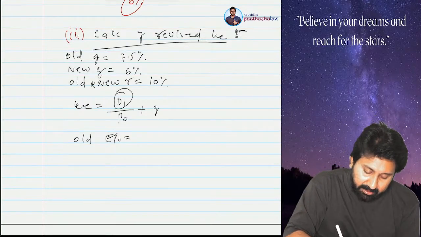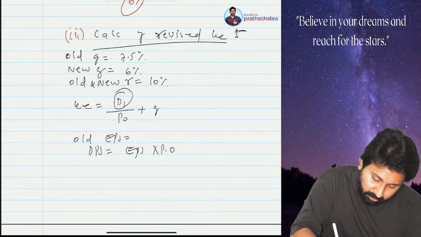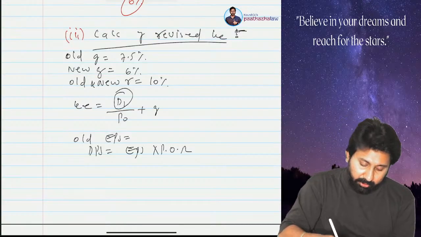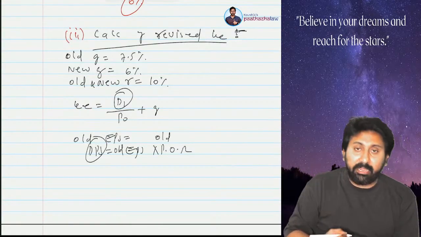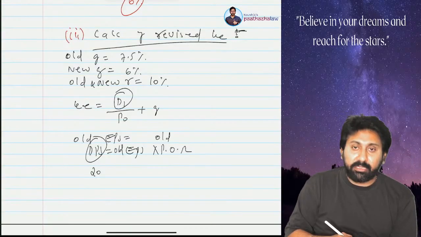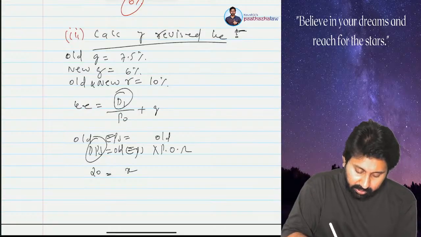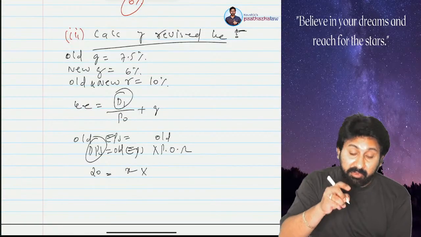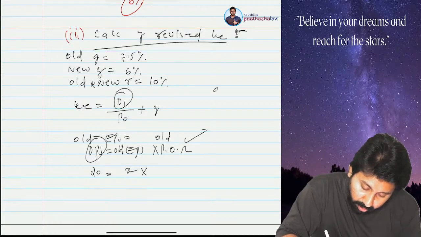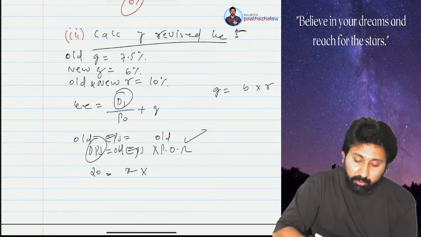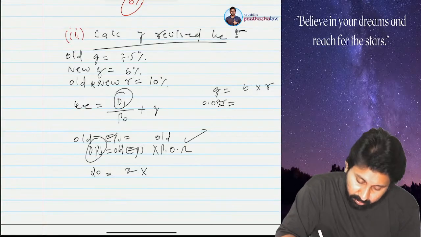To know old EPS, DPS is nothing but EPS into payout ratio. So old EPS into old payout ratio, if you know, old DPS is already given. Old DPS is how much? 20. Old EPS is how much? We don't know. Okay. Old payout ratio is how much? This we can calculate. See, old growth equal to B into R. Old growth is how much? 0.075 equal to retention.